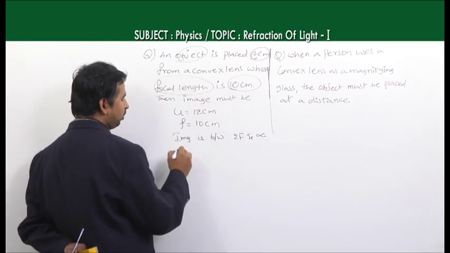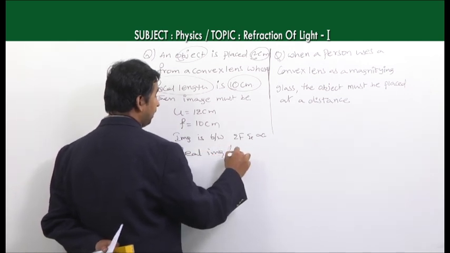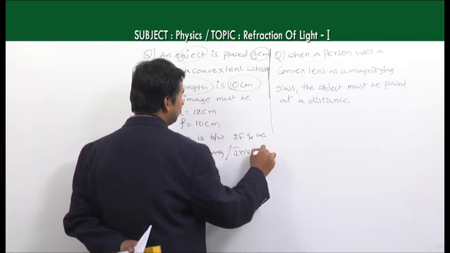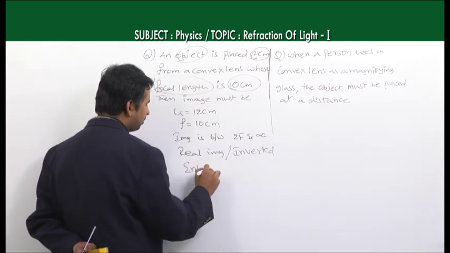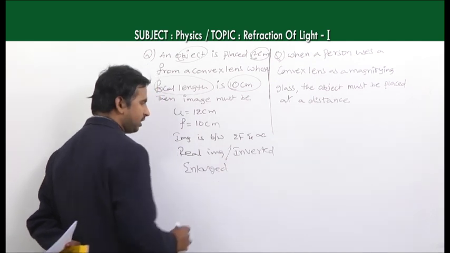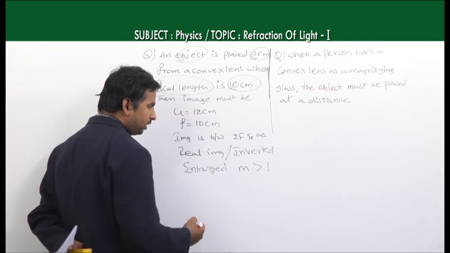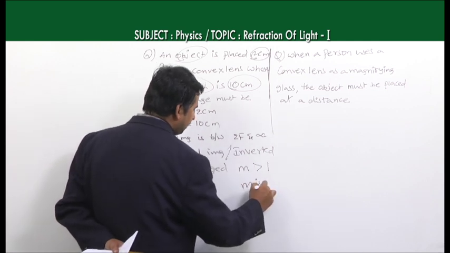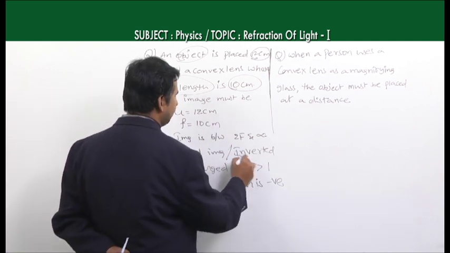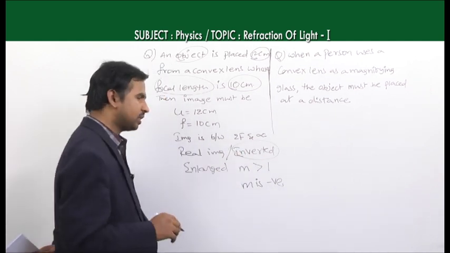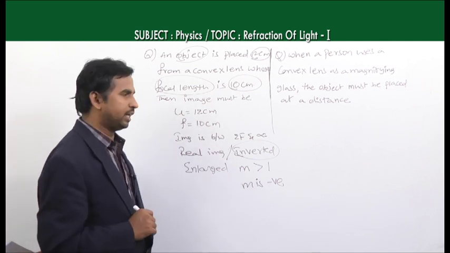And not only that, it forms a real and inverted image, and the magnification shows an enlarged image, so the m value is more than 1. Also, m is negative here, and negative represents an inverted image.